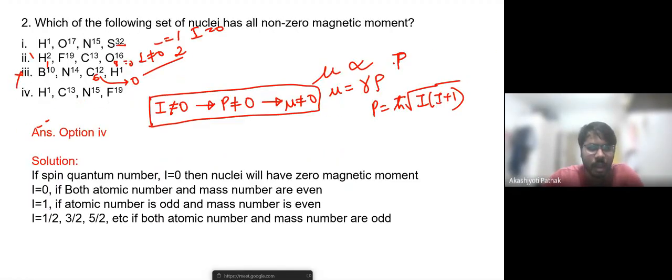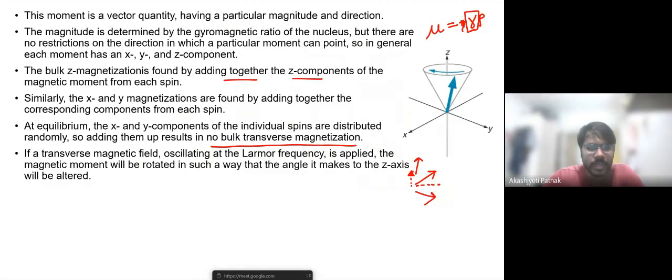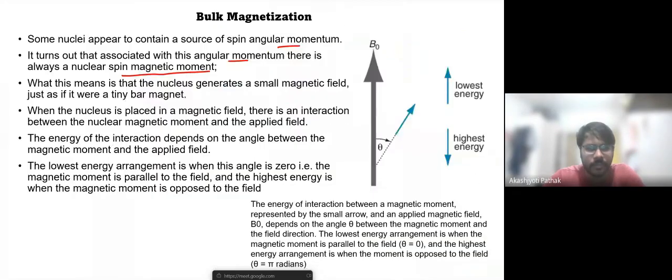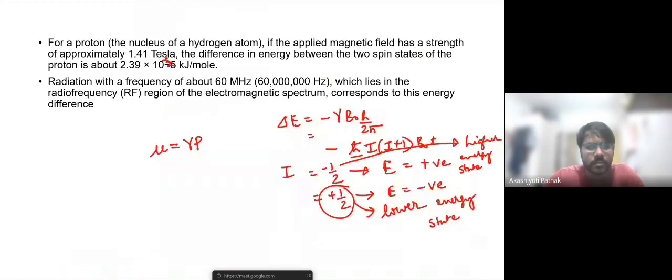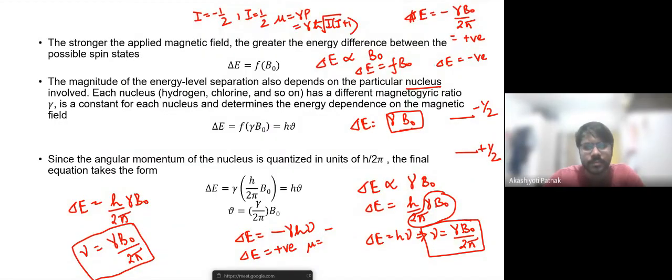Okay, we have seen this here, right? Gamma by 2 pi into B naught.